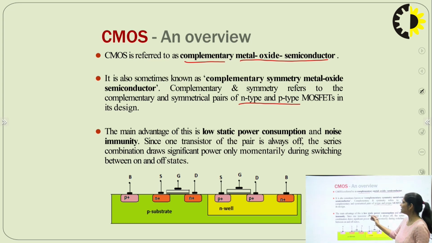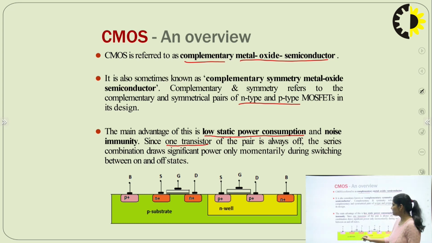The main advantages of CMOS are low static power consumption and noise immunity. CMOS is a combination of PMOS and NMOS. In this technology, one transistor of a pair is always off. The series combination draws significant power only momentarily during switching between on and off states.